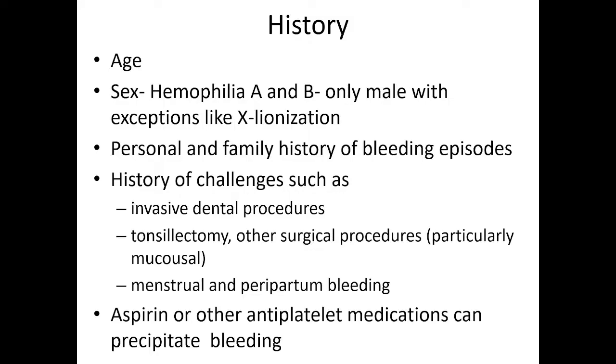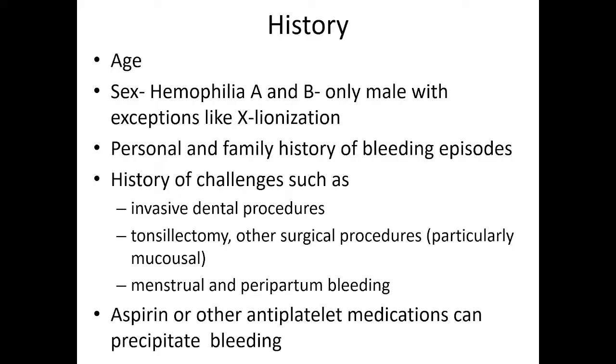Personal and family history of bleeding disorders suggests some congenital bleeding disorder. Then history of challenges such as invasive dental procedure. You will ask whenever any operation or any procedure was there, or any history of trauma, any history of injections.